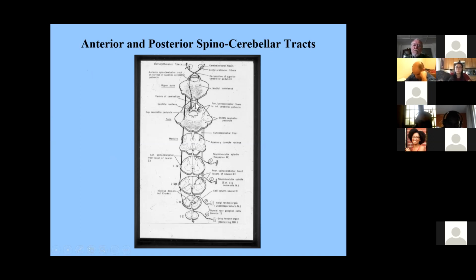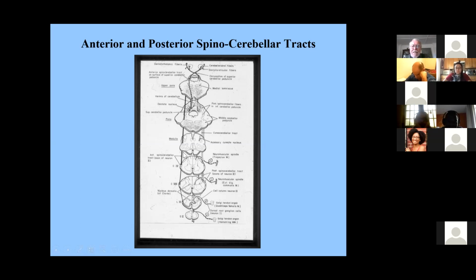And what is the vermis of the cerebellum? Deep cerebellar nuclei. And when we go through the deep cerebellar nuclei later in the course, you'll see what their importance is in terms of input and then output that's coming from the cerebellum proper.